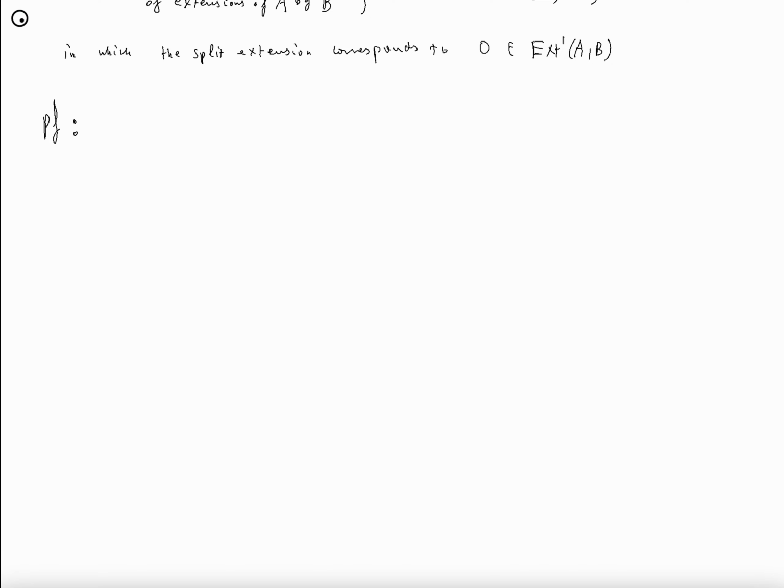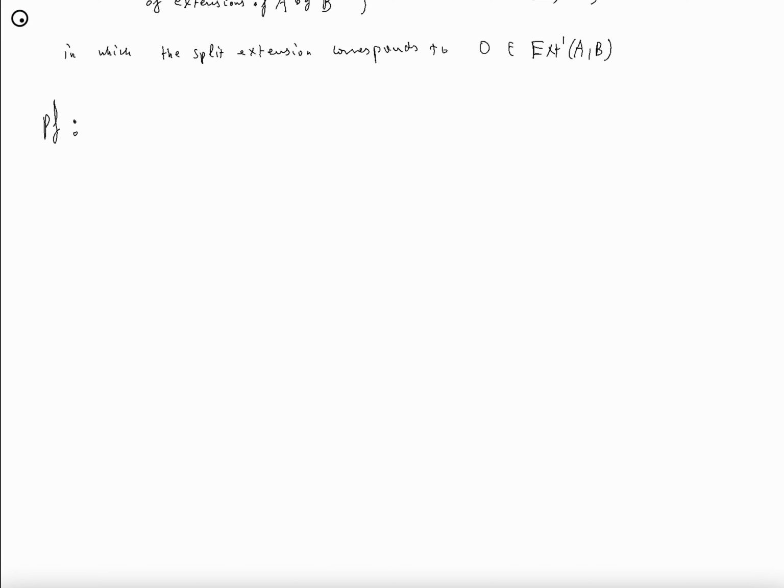So what we do is that we construct a map at the beginning using the fact that our modules have enough projectives.